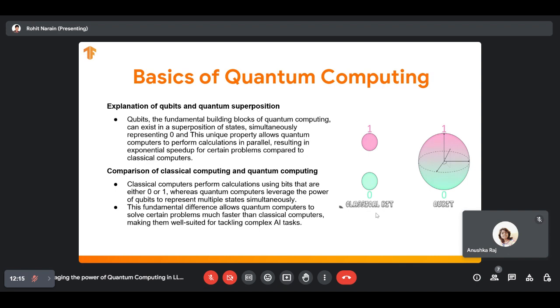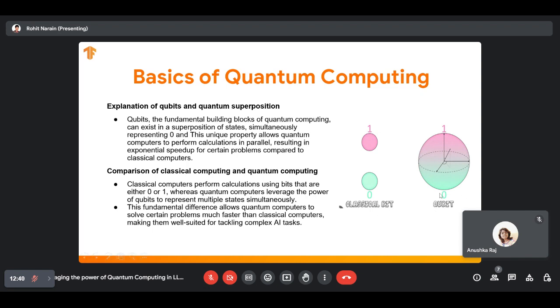If I talk about a classical bit, it is normally a zero or one, which current computers use, and we usually call it binary language. Binary language consists of zero or one, on or off states. In quantum computing, we use what we call qubits.